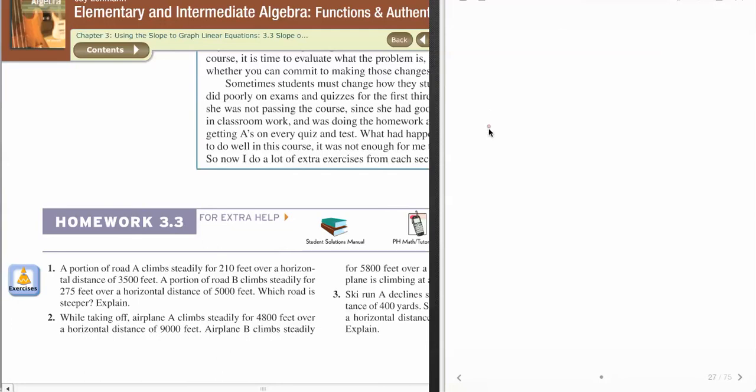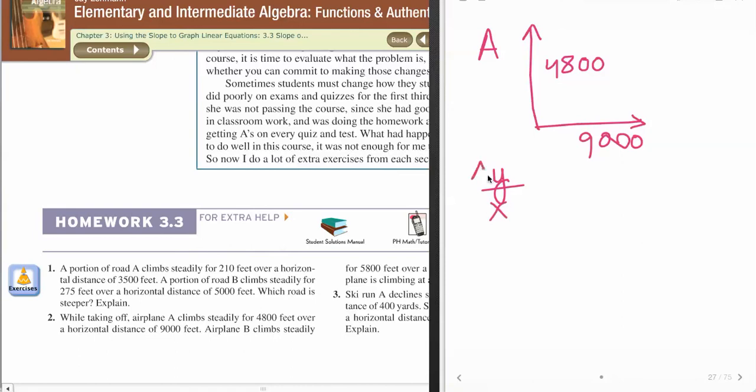So we're saying that this plane A is going to change 4,800 feet up this way as it goes 9,000 feet this way. In other words, we're talking about our vertical change, our y change, over our x change. And I'm just going to use that abbreviated method of saying that. So we have 4,800 to 9,000 for A.